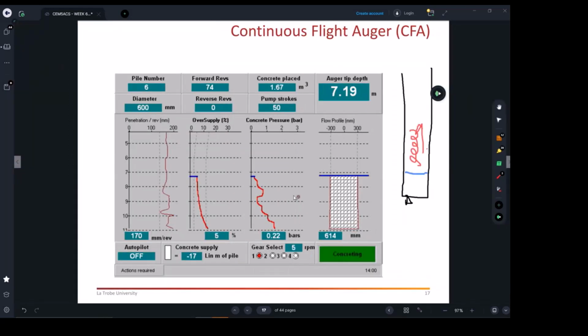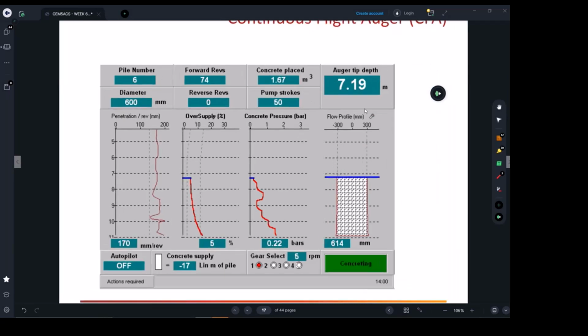And I've talked to you about this. This is what gives you a summary about what has really happened there. It gives you basically the pile number, the diameter depending on the drawings, the design diameter. These are the key parameters you want to check, that whatever the drawings required in terms of the pile properties, it is happening on site.